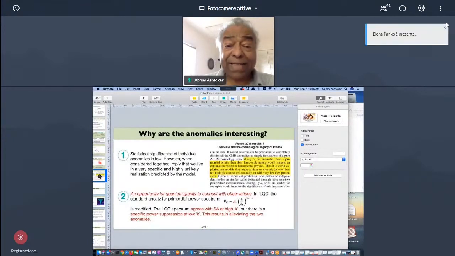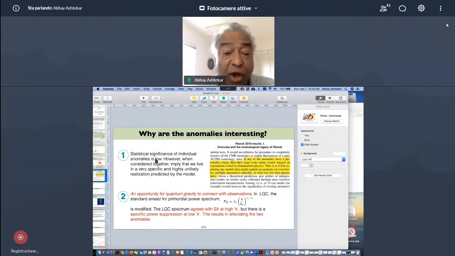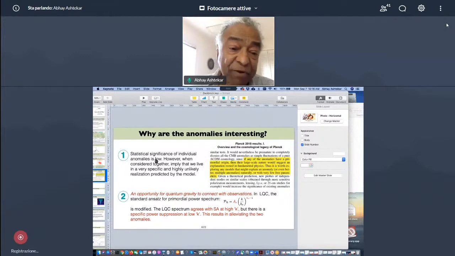So why are the anomalies interesting? The point is that the statistical significance of any one anomaly is low. As we saw, it is between 2 and 3 sigma. It is not very high, in the sense that if you were to do realizations from your theoretical model, the theoretical model provides a probability distribution, and you can look at various realizations of this probability distribution.